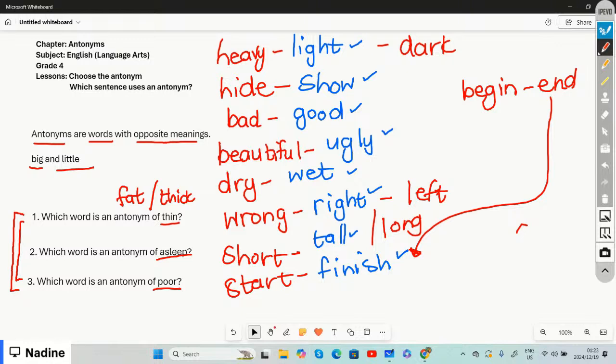What is the opposite of asleep? If you're not asleep, then what? The opposite of asleep. You're either asleep or you are the opposite of that word.